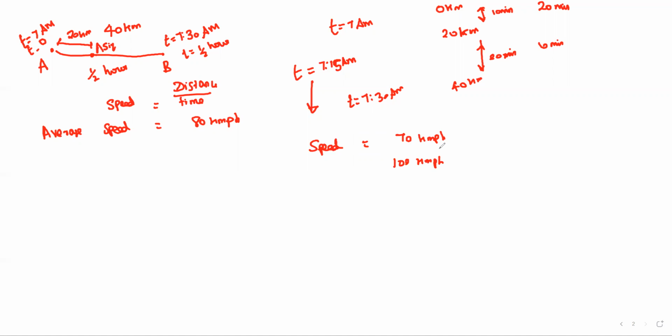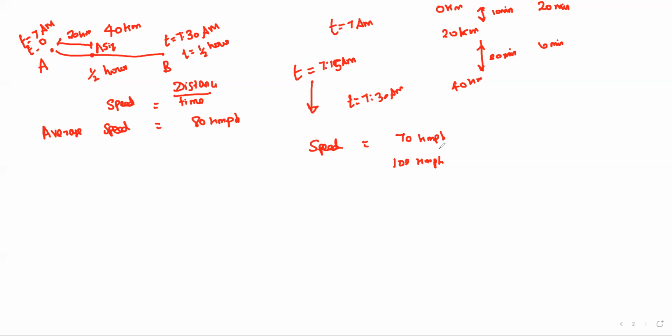You just have to go near the driver's place and look at the speedometer and tell me that yes, at 7:15 a.m. the speedometer shows 120 kilometer per hour, or 100, or 70 kilometer per hour. In that manner you can easily tell the exact speed at 7:15 a.m. Am I correct or not?